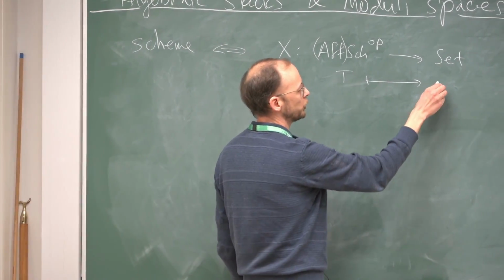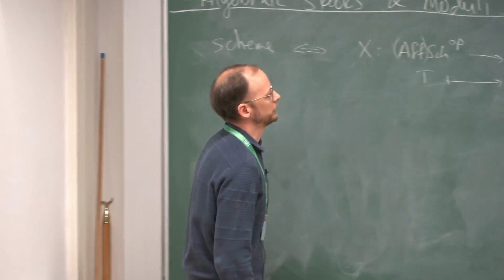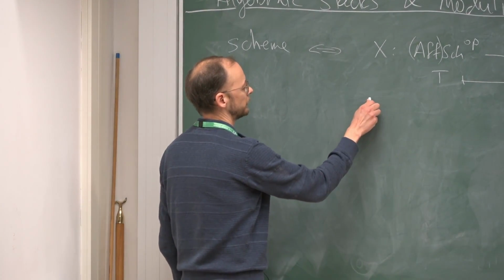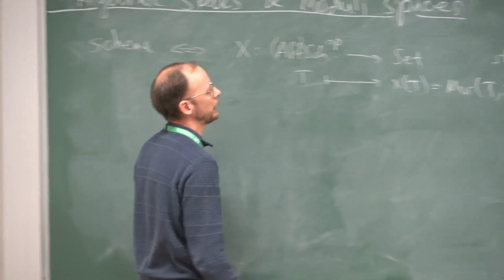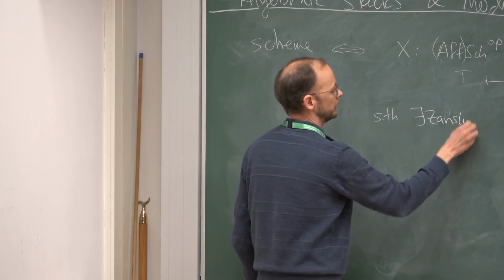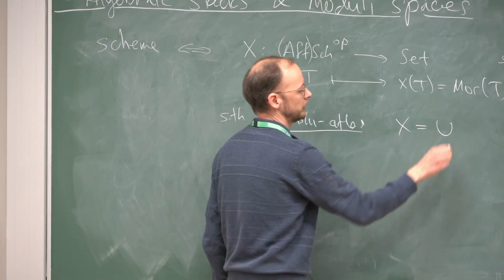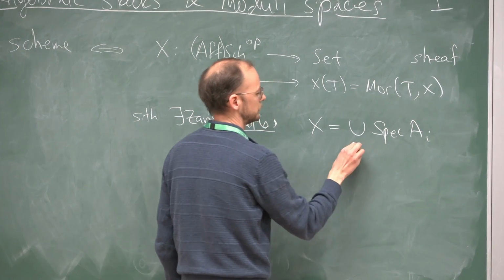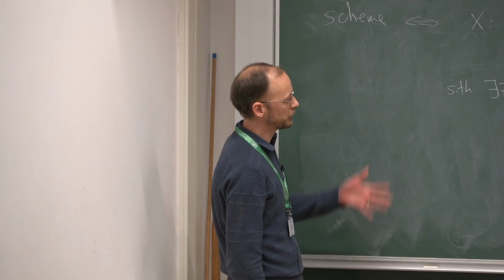But you should think of it as a functor of points, so morphisms from T to X. And this should also be a sheaf, and there should exist a Zariski atlas, by which I mean that we can write this as a union of affine schemes. So this is what a scheme will be.